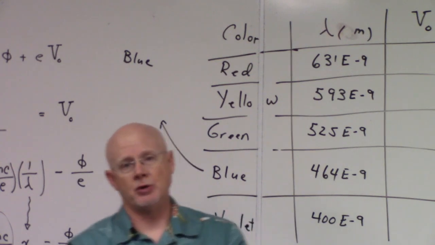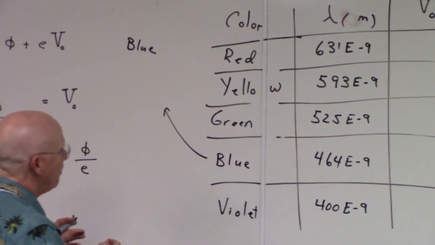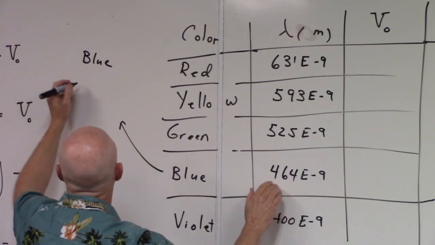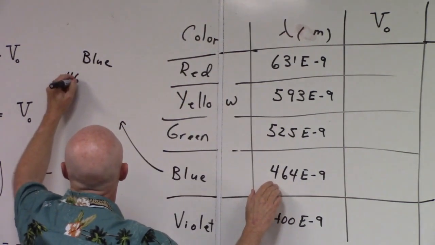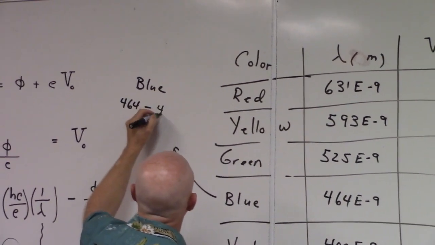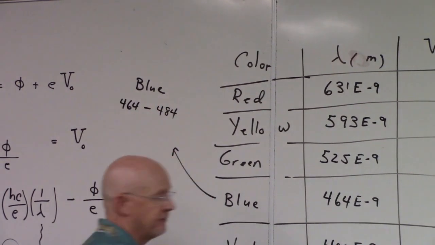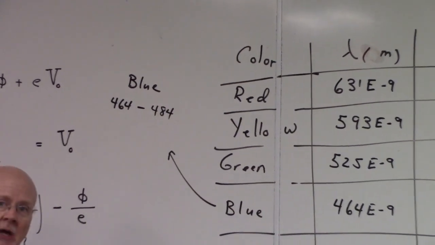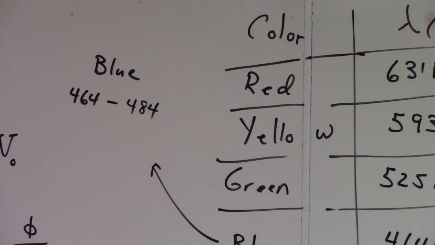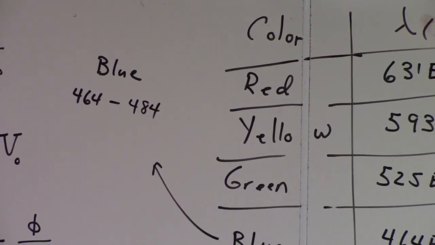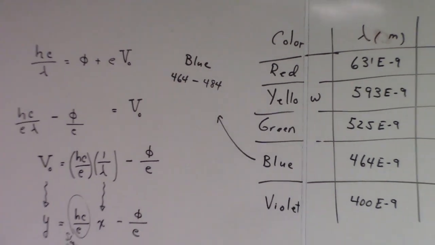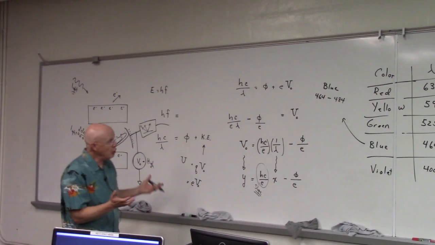And so that's what I want to do here. This blue light really has a range of 464 to about 484. And so there's a range of frequencies. And this question is saying, okay, if you have a range of frequencies and you run this experiment, what should you do?